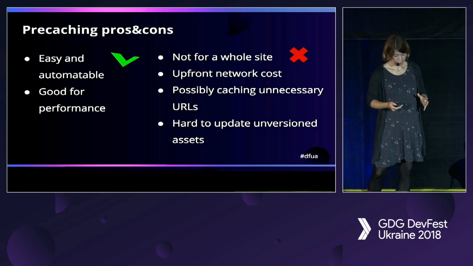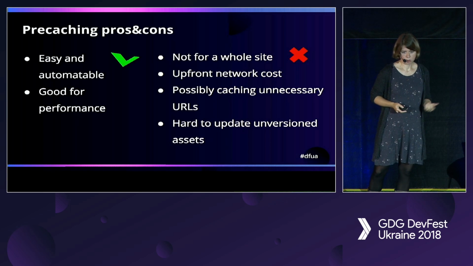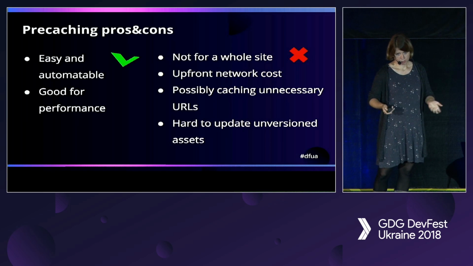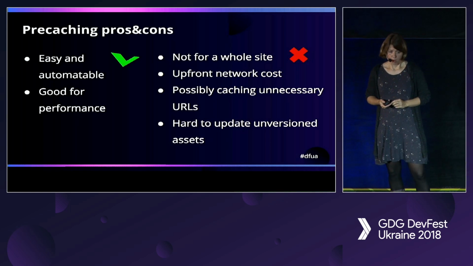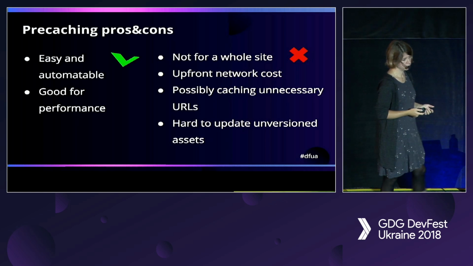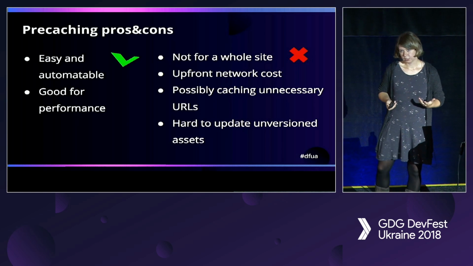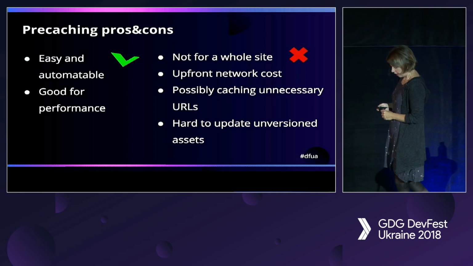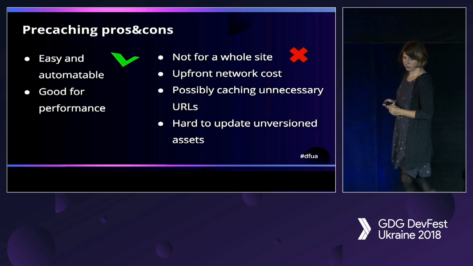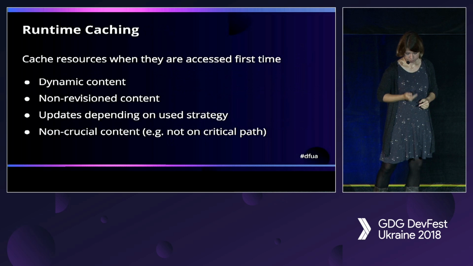So when you open your site and you immediately tell the service worker, please fetch everything in the world and put it in my cache, well, that will slow down other requests that the site might be using. There is a possibility you'll be caching URLs that won't be accessed by the user eventually. So you need to be arbitrary, but also mindful about what you put in there. And it's hard to update unrevisioned assets, as I said before.